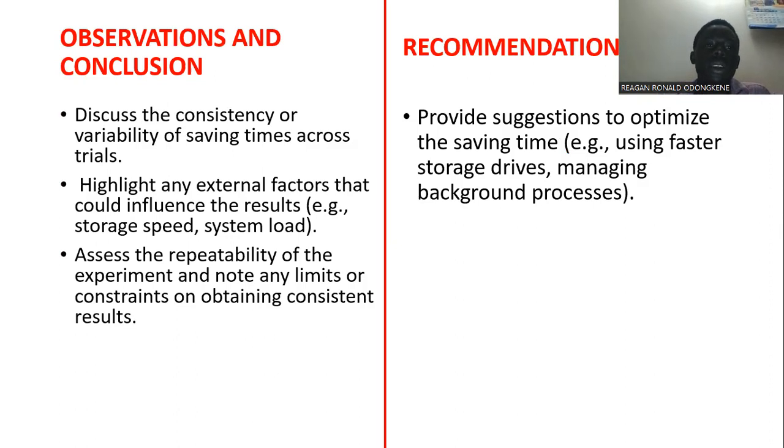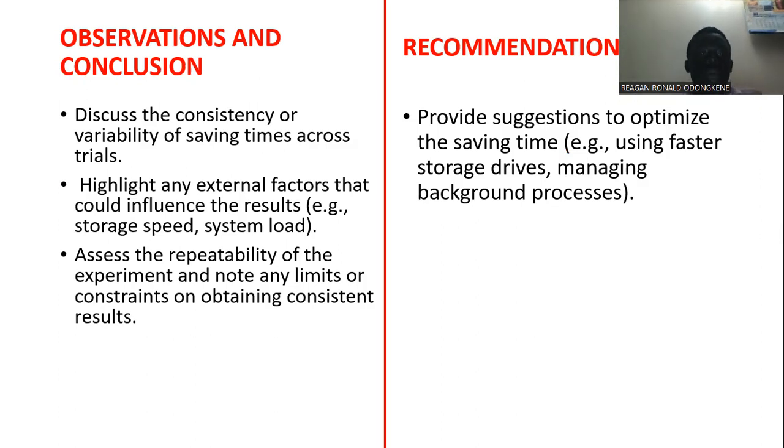Some of the external factors are also highlighted as influencing the result. The longer time it took to process the saving was due to the storage. I was using an HDD, which is a little bit slower, and then the system load.